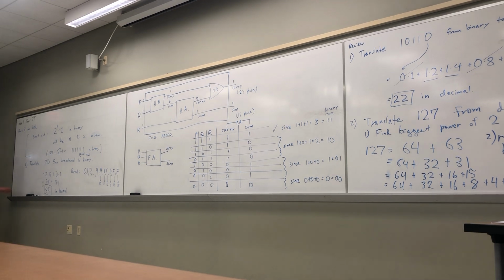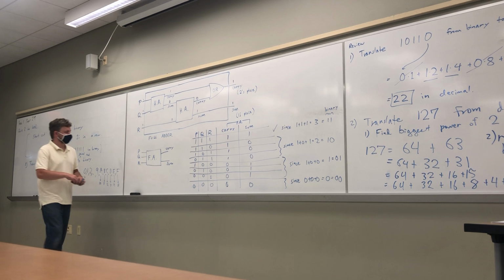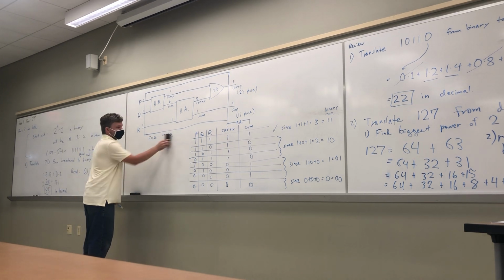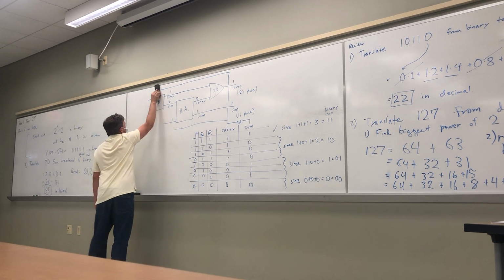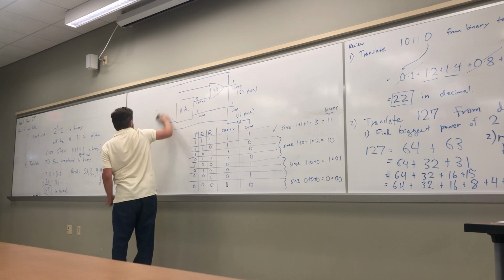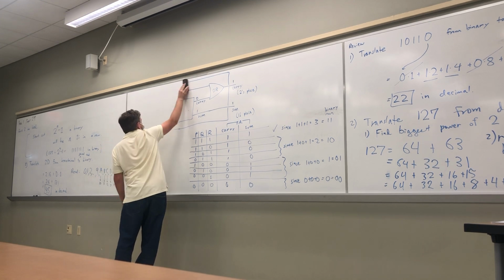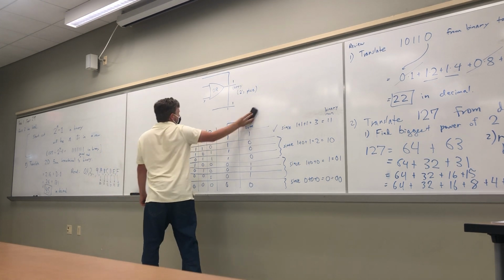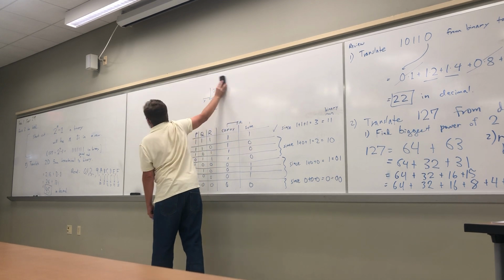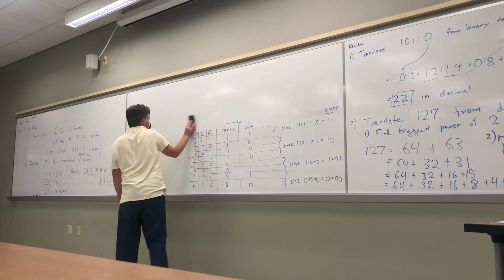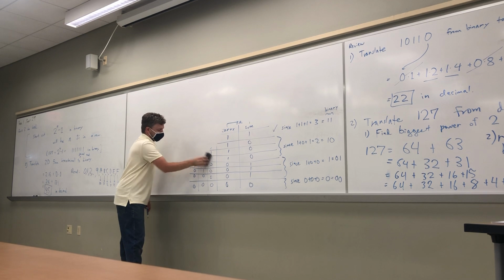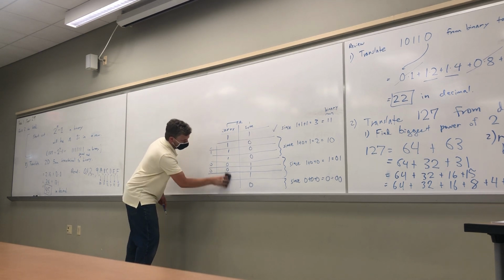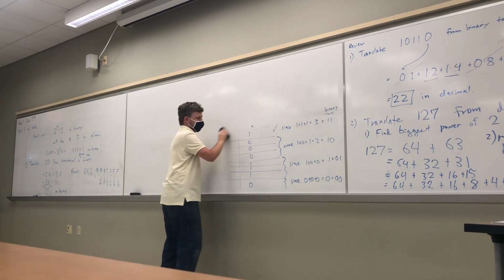Okay, now for hexadecimal to binary, I'll do that same one. I'll show you the shortcut. And then we can double check that it gives you the same decimal by the shortcut. It's because hexadecimal is base 16, which is another power of 2, so you can go really fast between them.